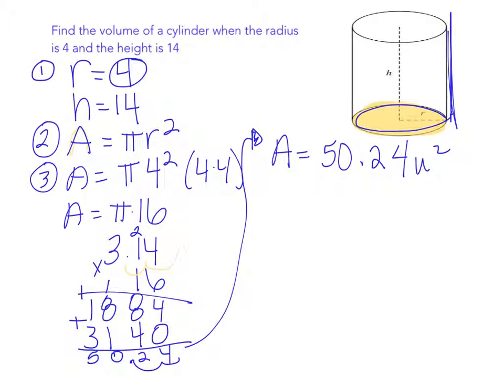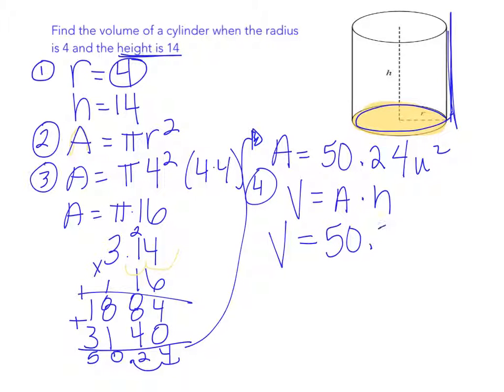But I'm not done because I still need to multiply the area by the height. And the height is 14. So I'm going to plug it into my other formula. Volume equals area of base times height. Here I have my area, which is 50.24, and I'm going to multiply that times 14.